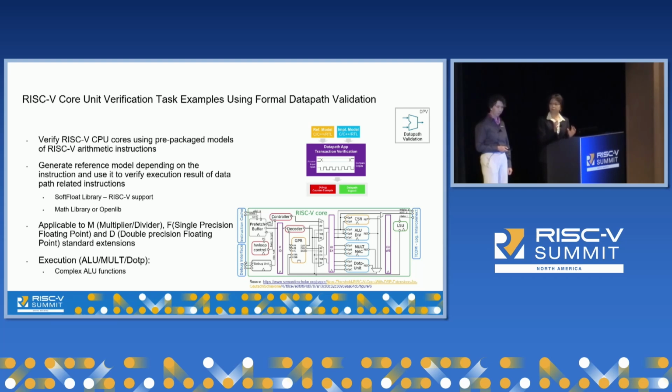If you don't have a C model or C++ model, there is a prepackaged model of arithmetic instructions that you can compare against your RTL to make sure that they meet standards like M, F, or D. Then you just need to map the reference model to your RTL, and the app will check that all the arithmetic functions are working as expected.